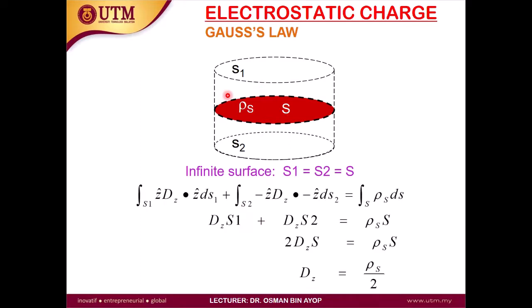So we can simplify this expression. We have Dz and S1, because z dot z is equal to 1, and negative z dot negative z is also equal to 1.